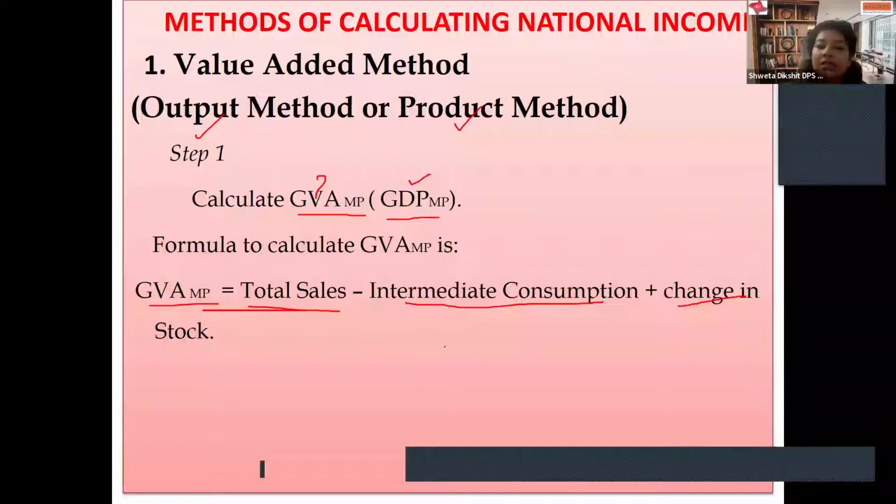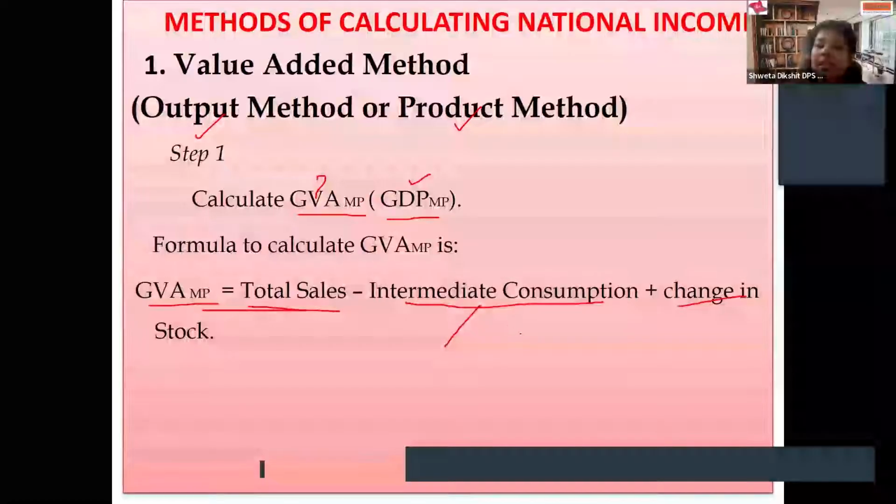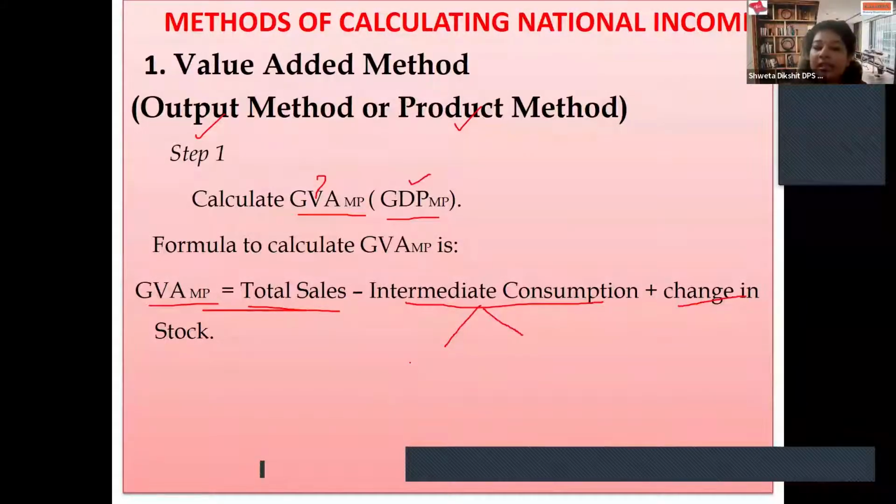Intermediate consumption has two parts. It definitely has the inventory and the raw materials, RM, that we have included during the process of production. And the second is the various kinds of imports we do. Now, why do we include imports here?